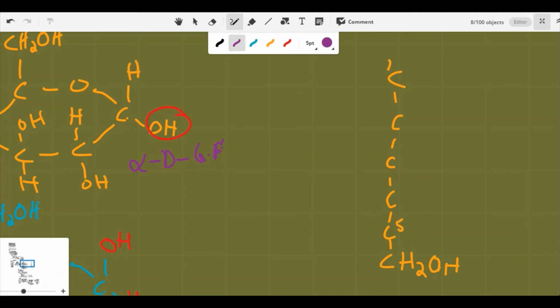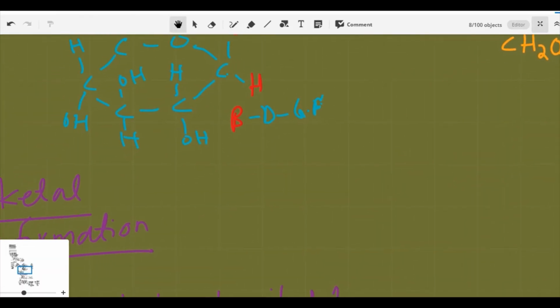So carbon 1 and carbon 5 are bonded with the oxygen. So that will make a 6-member ring, while the other groups are like that. So that will make alpha D glucopyranose.